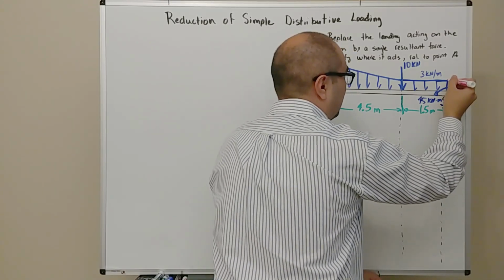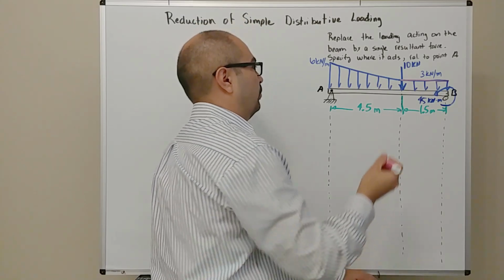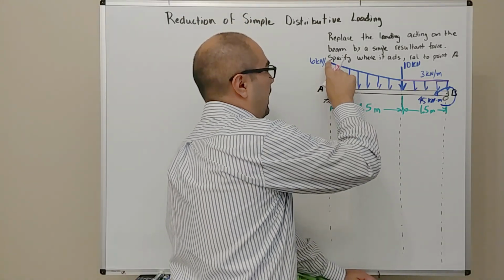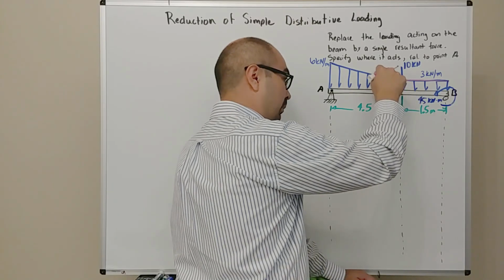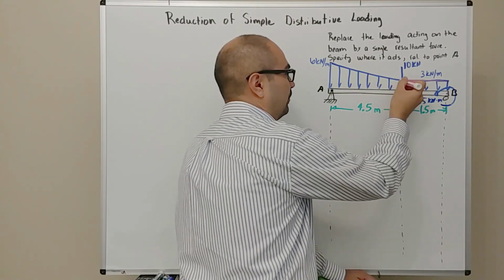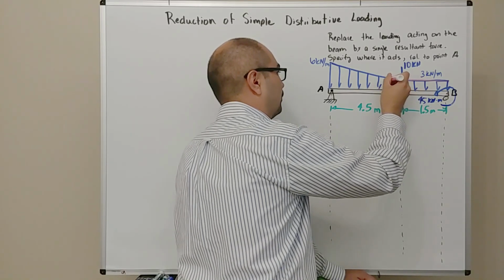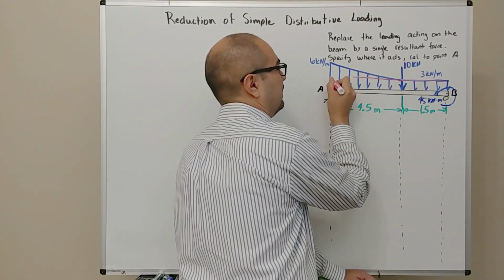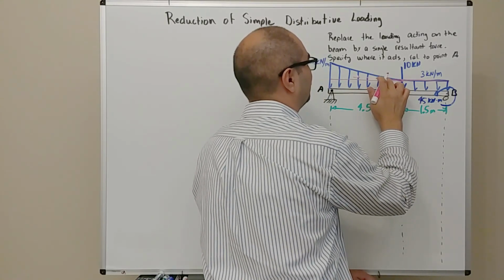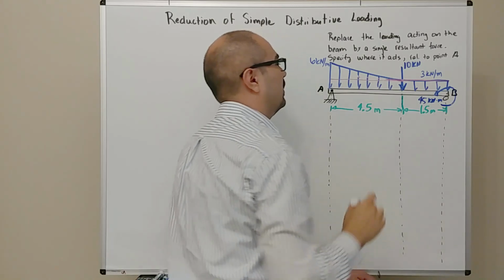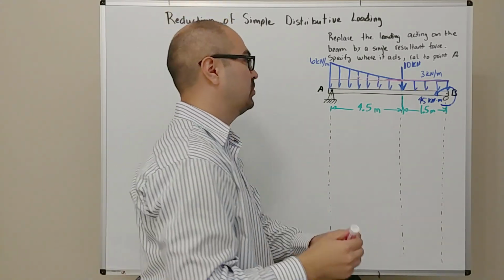So it would make sense to make a cut here. Over here, I have a triangular loading, right? But it doesn't go all the way to zero. So what I can do, nonetheless, is if I continue, this line is supposed to be straight, sorry. I can divide this into two simple shapes.